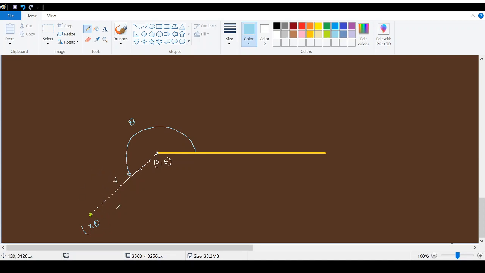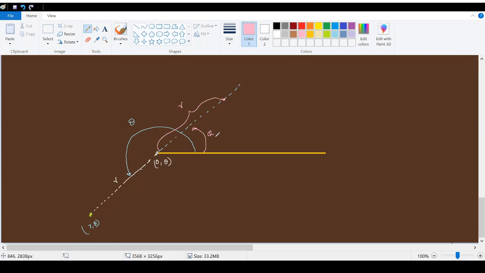And now for this one, there is another way of representing, right? Let's say we extend this line, and if we mark the same distance on this line, there will be a certain angle, right?